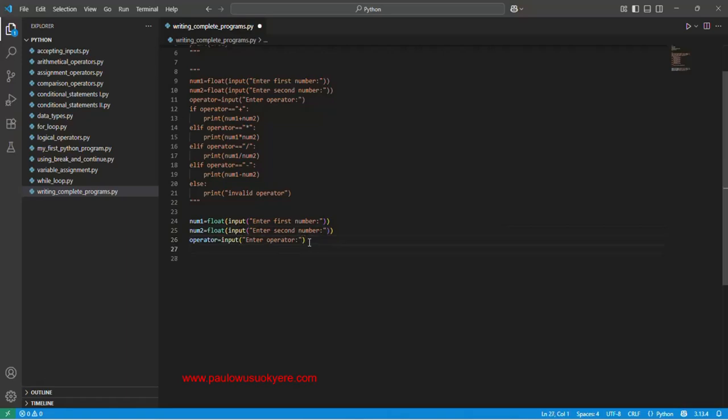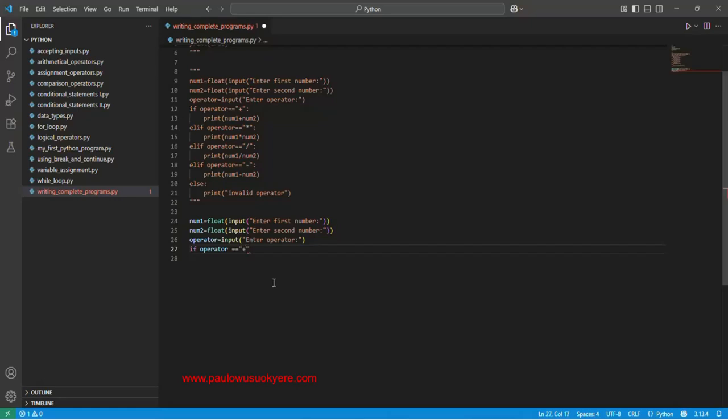Now you start after entering the first number, second number, and the operator. If operator is equal to plus, okay, the plus is a character, so you have to put it in quotes.